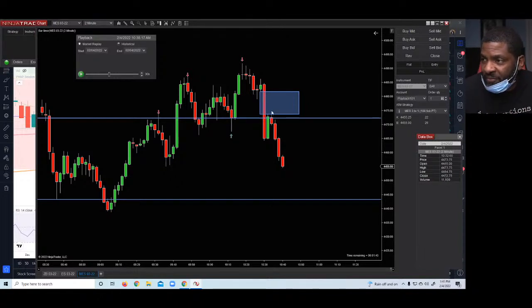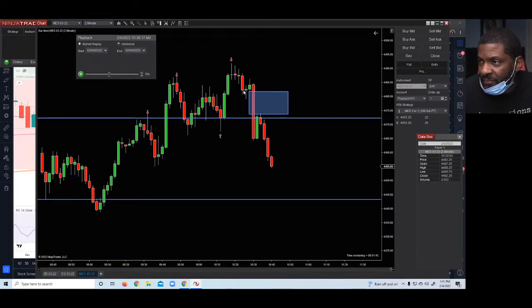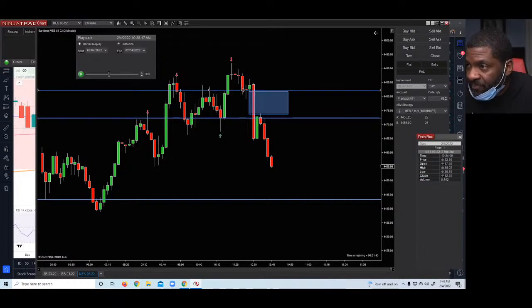What you're looking for is it to come back up into this fair value gap, and I'm looking for it to fill this fair value gap. The place I'm looking to make my entry is either at the close of this last leg down before it V'd up, or at the fair value gap.